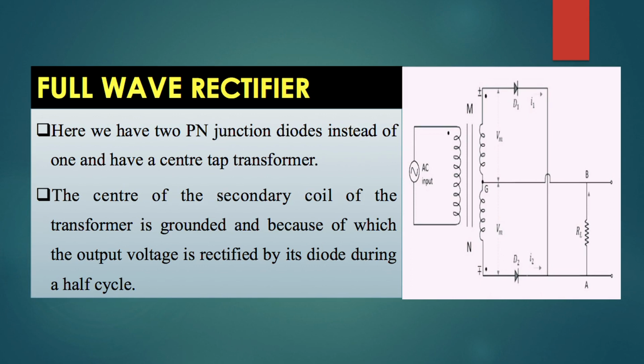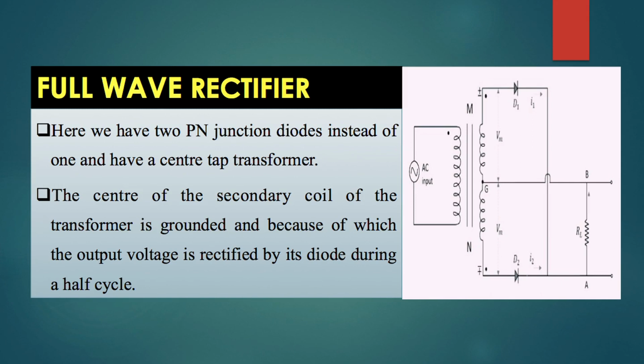Because of this, during the positive half cycle, only diode D1 will be in the forward biasing condition and diode D2 will be in reverse bias condition. So there will not be any flow of electricity through diode D2 during the positive half cycle.